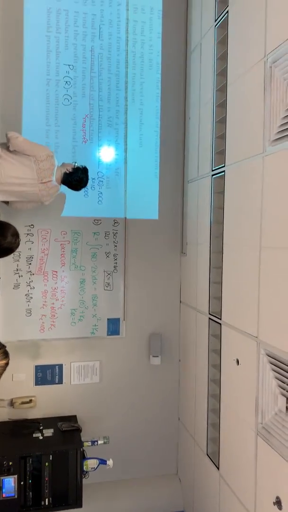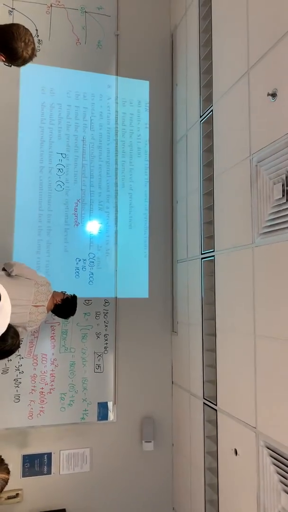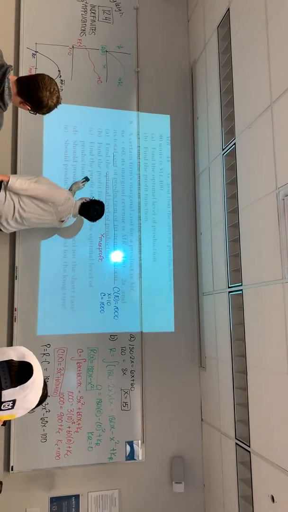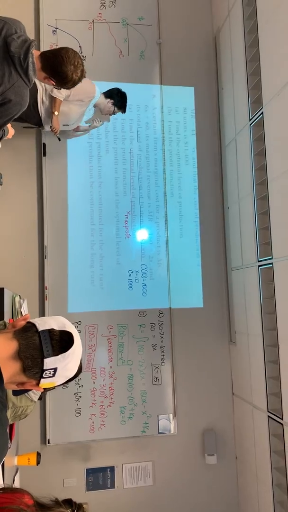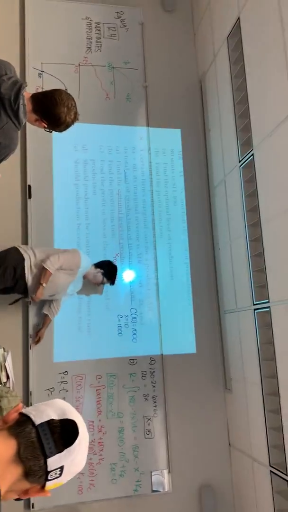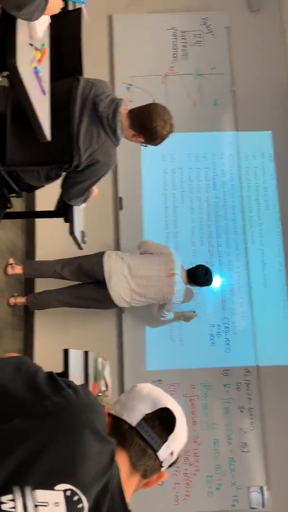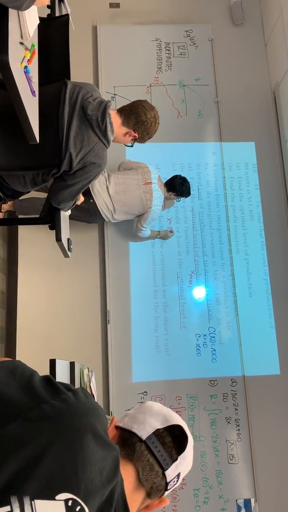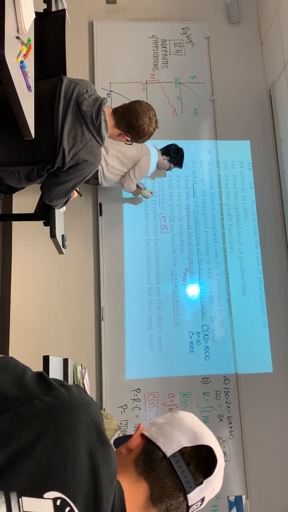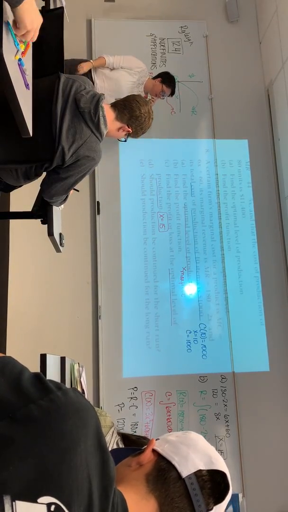All right, so what's part C? Find profit or loss at the optimal level of production. Well, what was the optimal level of production? That optimal level of production was x equals 15. We found that in part A. So what am I going to do with that x equals 15?